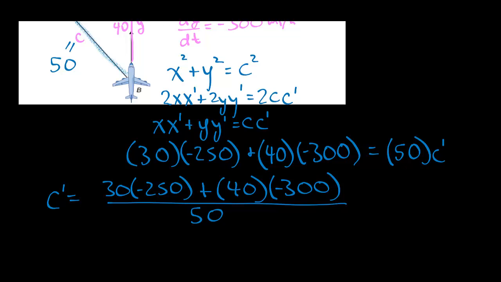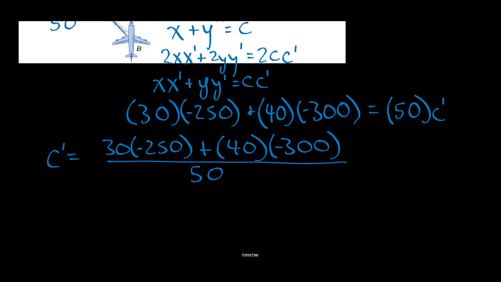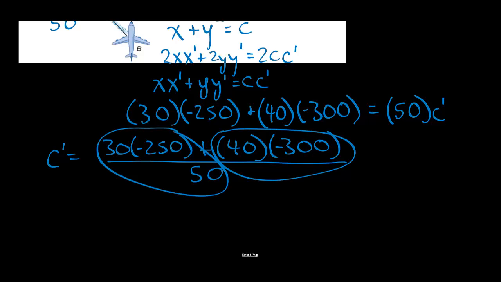Now, I think what I want to do is just go ahead and simplify this, divide 50 into each of those terms up top. I'm going to divide 50 into this first term and the second term.